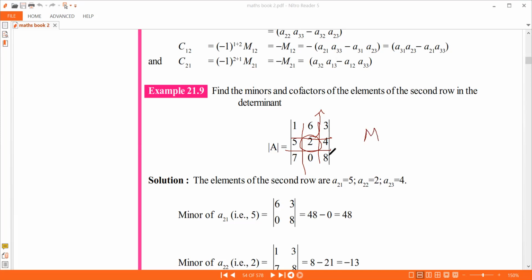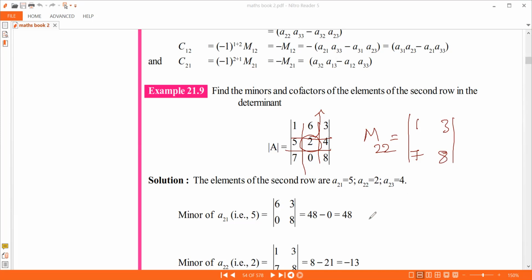What is the i part here? i is 2, second row, and j is 2, second column. So M22 is the determinant 1378. That you have to write, and the position is most important.